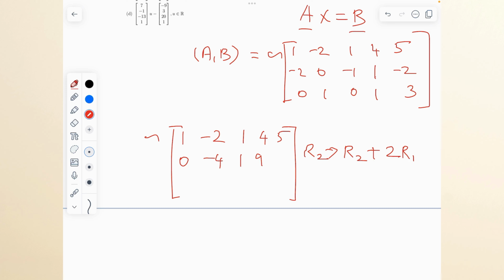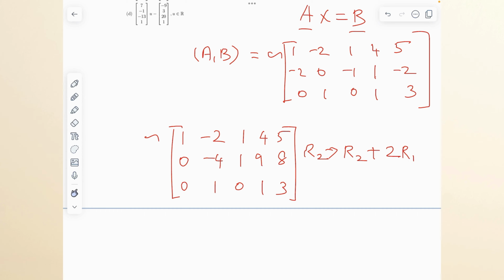Next minus 2 plus 2 times 5, that is minus 2 plus 10, it is 8. Got it? Now similarly, the third row we can keep as it is, because below the first element of the first row both should be 0. Here it is 0. So let us write the third row as it is: 0, 1, 0, 1, 3.